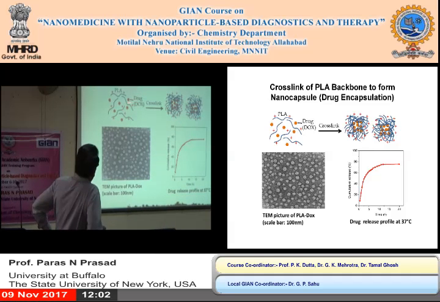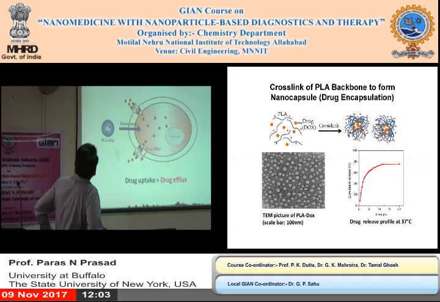So you can have drug molecules and PLA polymer backbones, and when you form the nanoparticles, they can entrap these, so they're encapsulated inside, and in the course of time when it breaks up under certain pH, then they can be released, okay.